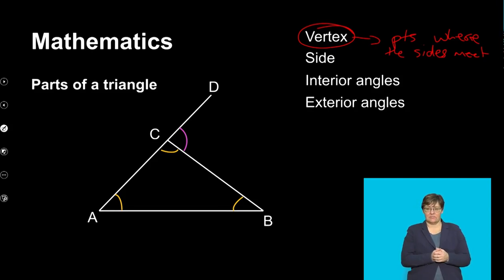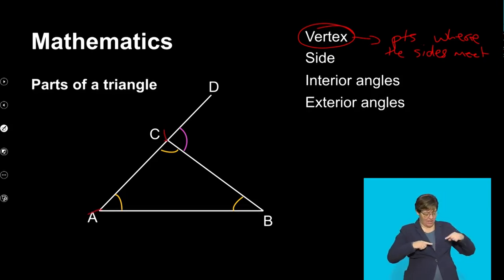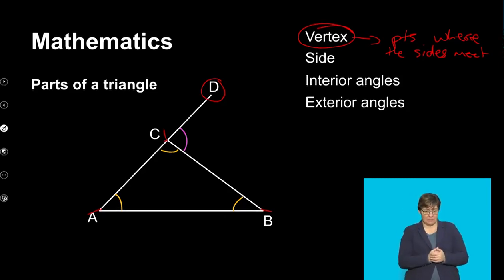So my C there will be a vertex, A there will be a vertex, B there will be a vertex. D is not a vertex because it is just a point. It is not where two lines meet. It can only be a vertex if two lines are meeting at that particular point. We also have sides, which are the line segments that I told you about.